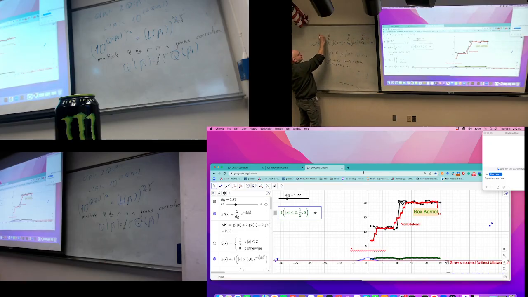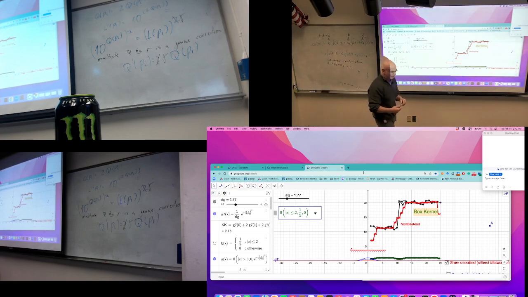That would be the tent. Understand it as: when I compute the smoothing at x, I want to give a weight to f of x which is twice as important as f of x minus 1 and twice as important as f of x plus 1.